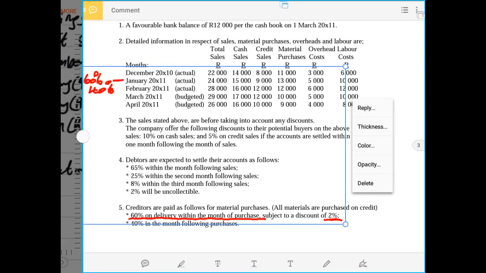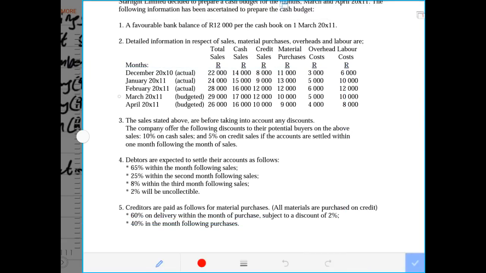So now we skip January again. We go to February, and 60% will be paid within the month of purchase with a discount, and we are not doing a budget for February either. Therefore, 40% will be paid in the month following the month of purchase. That means of the credit purchases of February, 40% will be paid in March. So now we are doing a budget for the month of March.